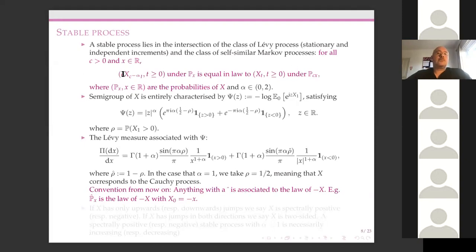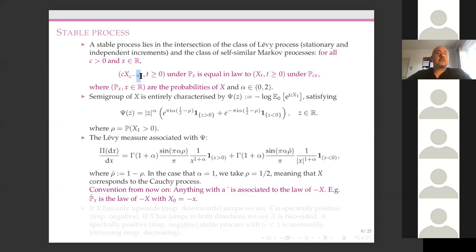So if I multiply the process by a constant here, and I scale in time as such, with c to the minus alpha, and alpha is going to be a special parameter, then when I start the process from x, what I'm looking at is equal in law to itself again, albeit this one started at x, and the one it's equal in law to starts at c times x.